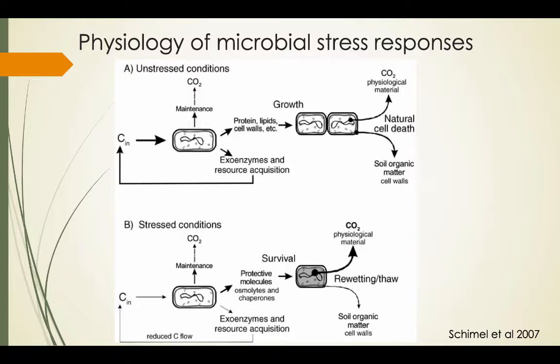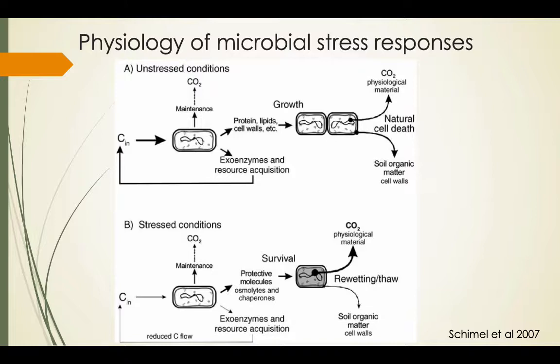Under stress conditions, the major hypothesis is that microbial carbon use efficiency will decrease. And so instead of putting that energy into extracellular enzymes, exoenzymes, and carbon, now we're investing energy in protective structures, osmolytes, which are molecules used to moderate osmotic stress, survival mechanisms instead of growth.